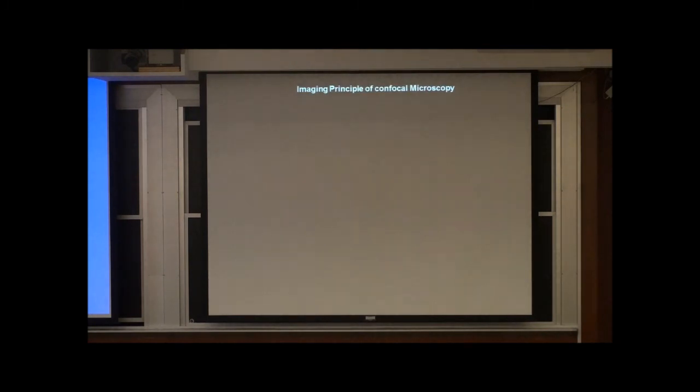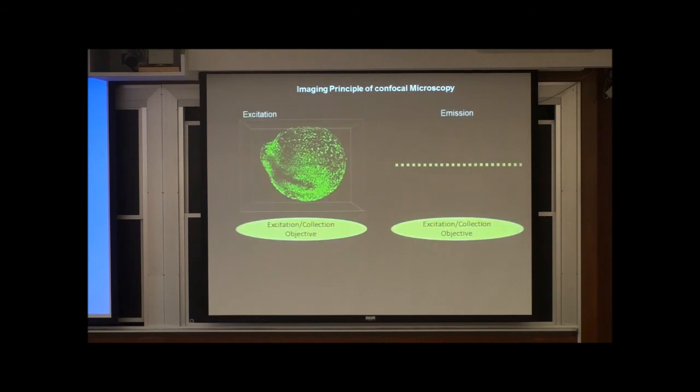There is a basic difference between confocal-based techniques and the technique I am using, laser sheet. In confocal, if you want to image this larger embryo, you are using the same objective for excitation and emission, focusing in that particular plane, and also collecting the fluorescence through the same objective.